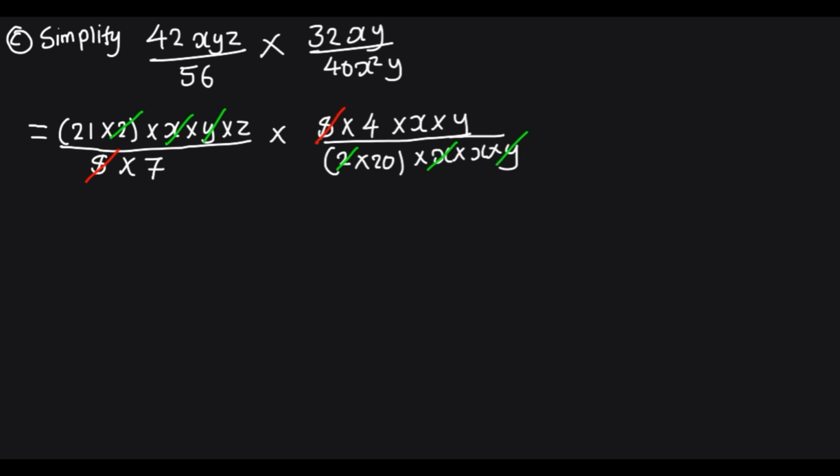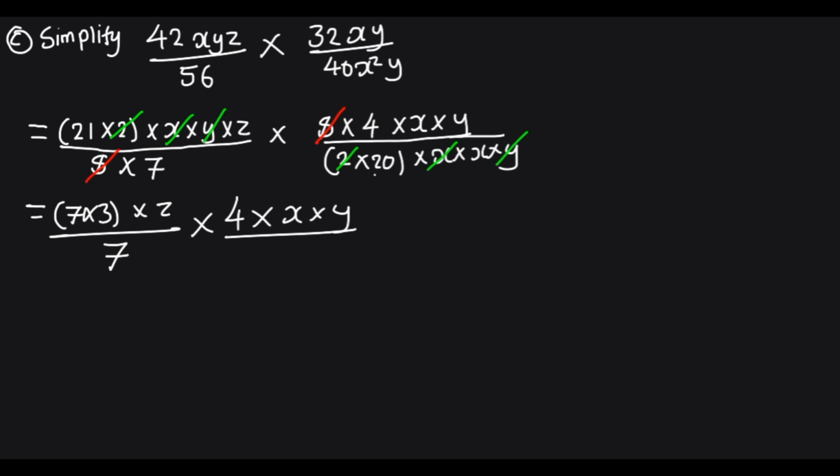Okay, so now let's look at what we have remaining. Here we can see that we have 21. Now 21 is 7 times 3 times z over 7 times, here we have 4 times x times y over, here we have this 20, which is the same as 4 times 5 times x.